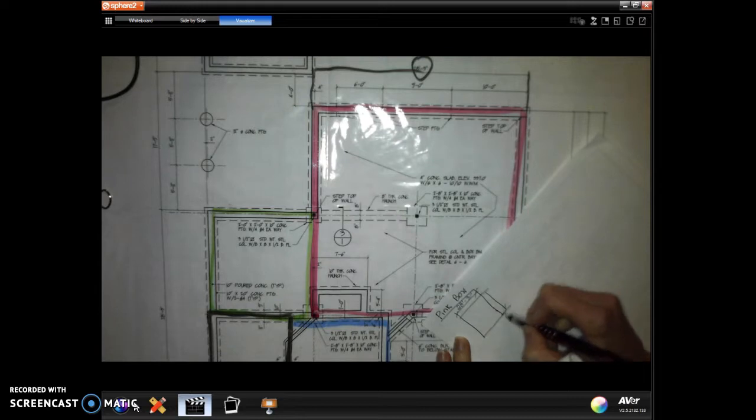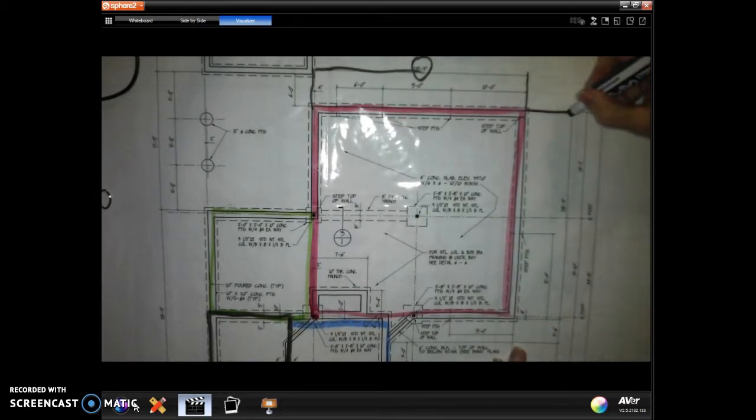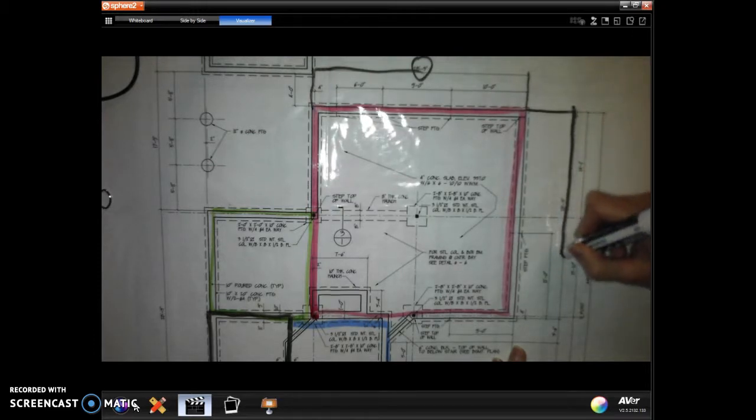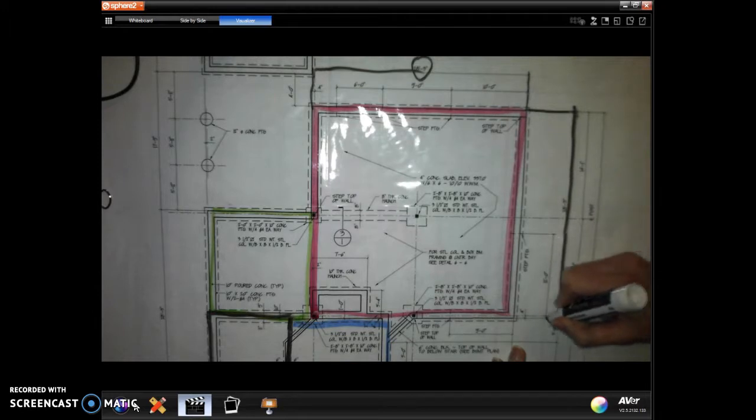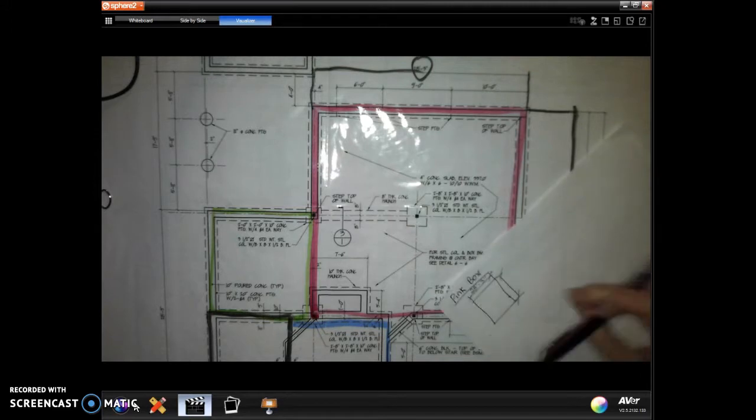And this dimension right here, we have to look at the dimensions on the side. So we have one dimension that starts here, and then it goes over to here, 28 feet 3 inches. So it is a square.